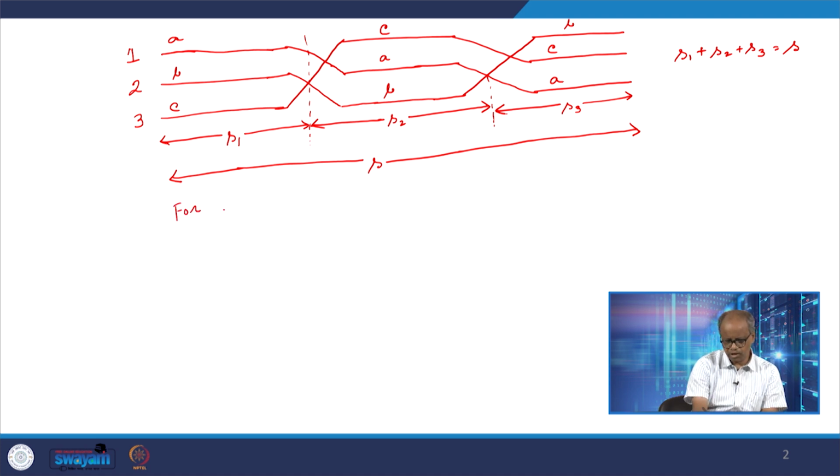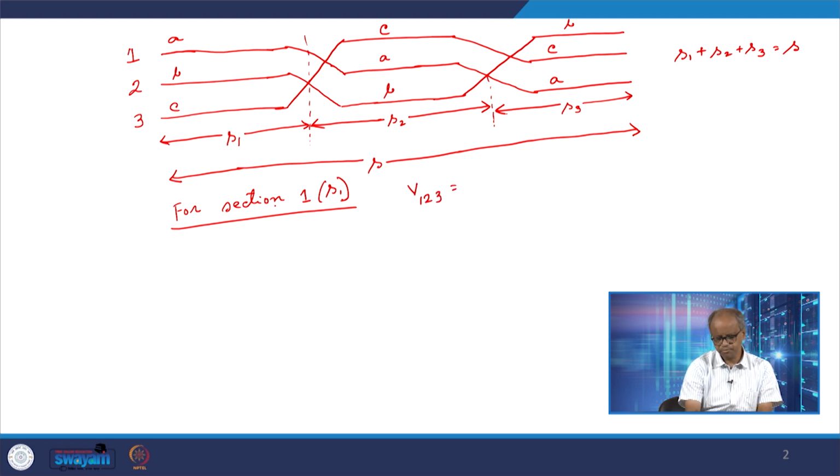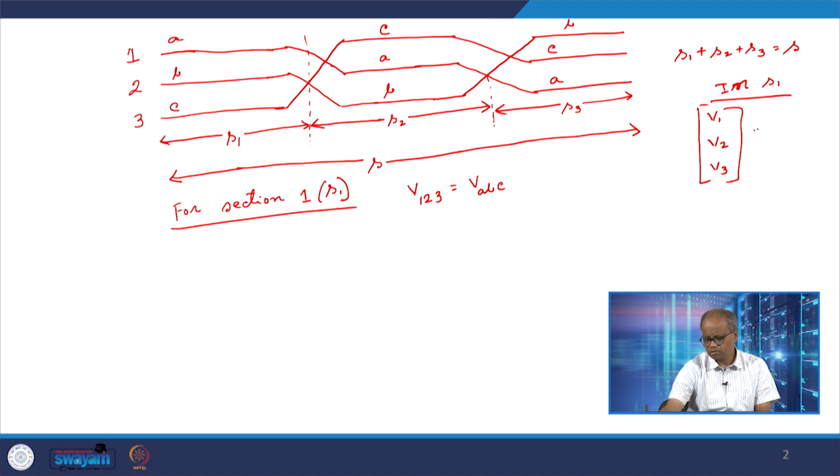So, for section 1, that is S1, obviously I can say that V1, V2, V3, that is basically position 1, position 2, position 3, is equal to VA, VB, VC, because in S1 phase conductor A occupies position 1, phase conductor B occupies position 2, and phase conductor C occupies position 3.